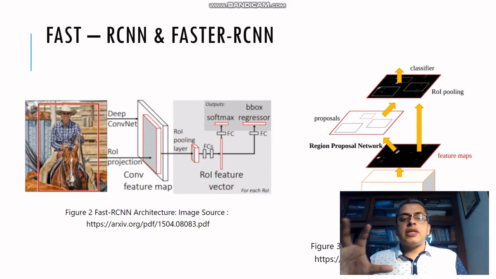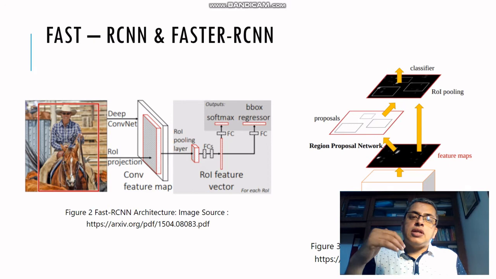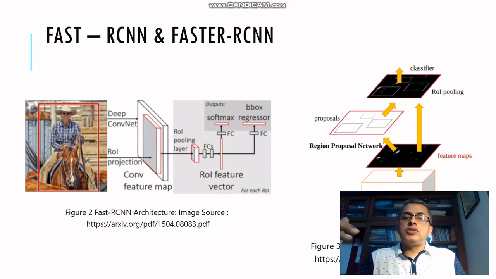Once the features are extracted, there is a new method called the ROI pooling layer. It's just like a fixed size window which is applied to the feature maps of the CNN to extract the features from it. After the ROI pooling layer, there are two fully connected layers, after which both the class labels and the bounding box locations are predicted.